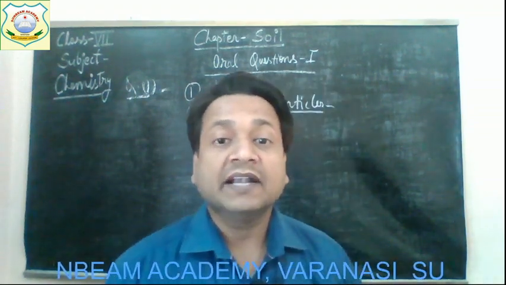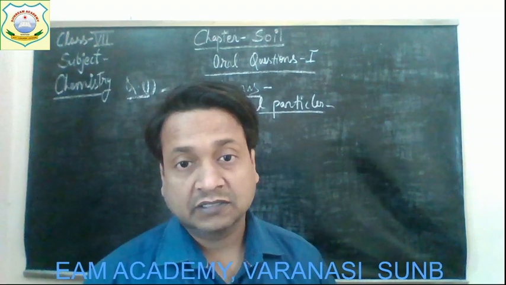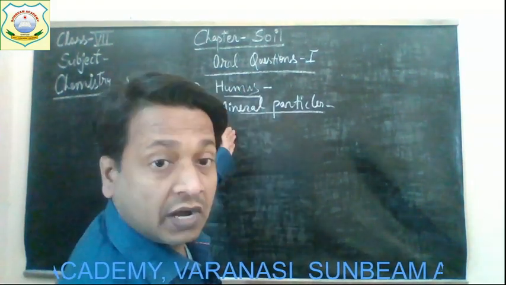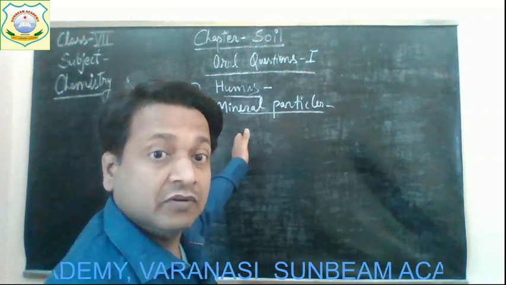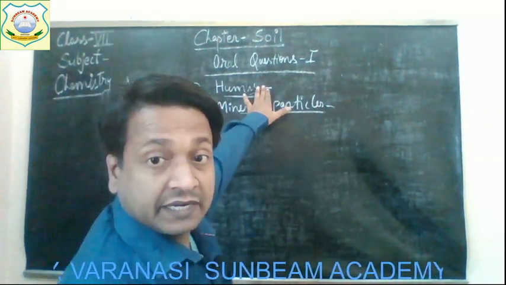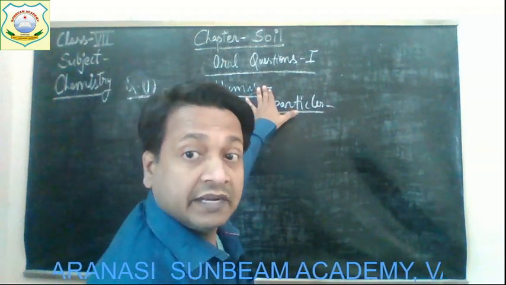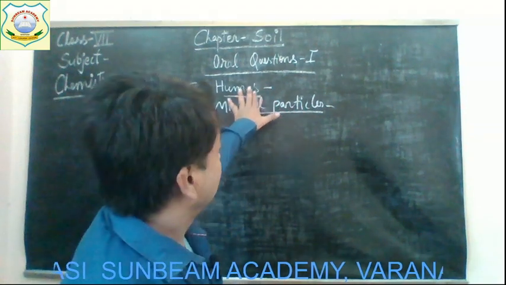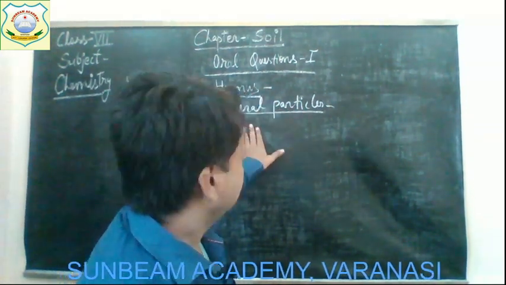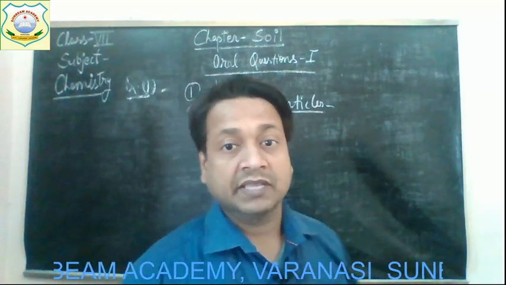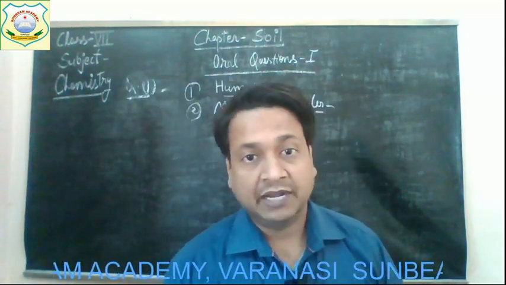And these are derived from the rocks, which are non-living things. So these two are the components of soil by which it is made up. Humus is formed by living things, and the second, mineral particles, are the non-living things.